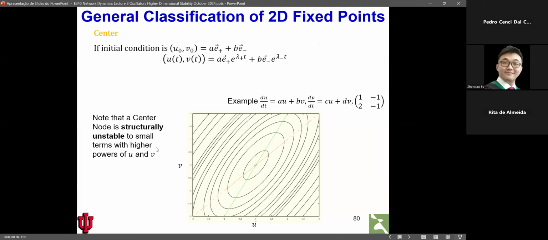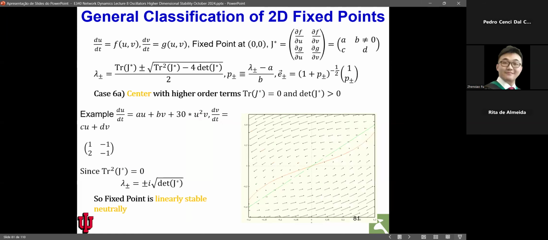This is the point, because if you have higher powers of U and V, then you can, okay, just saying.